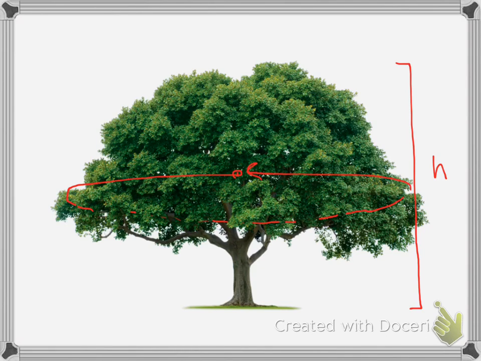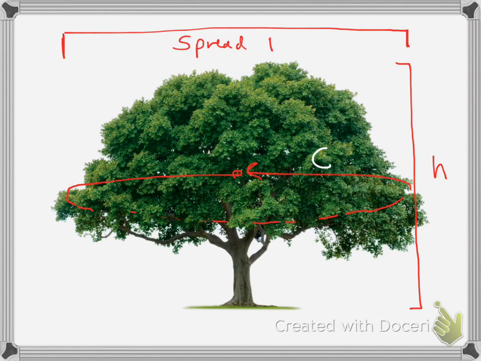Essentially, the perimeter of the tree would be the circumference, or C. And then, if I was to walk from one edge of the branches to the other edge of the branches, that would be the spread, or diameter. Okay? So circumference is walking around the tree, the height is how tall it is, and the spread is, if I was to stretch my arms out, how big would this tree be?